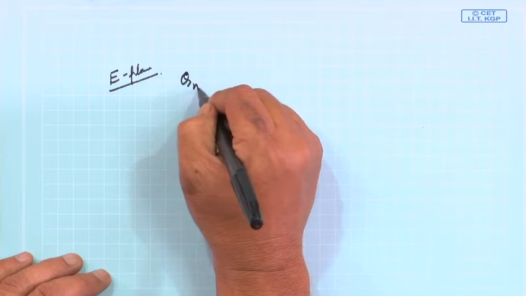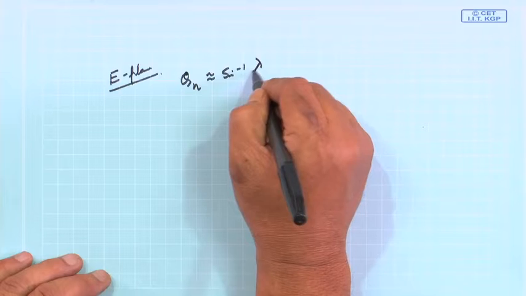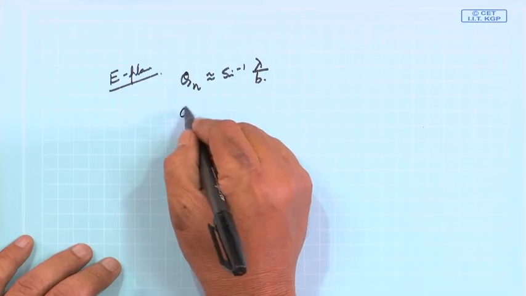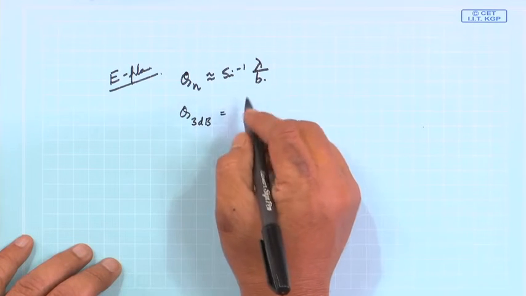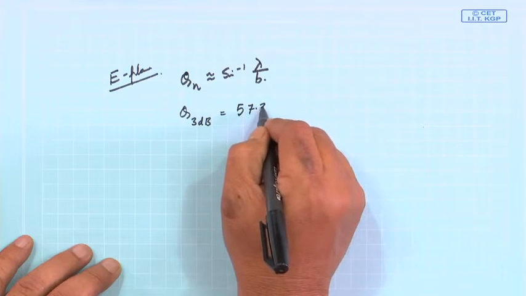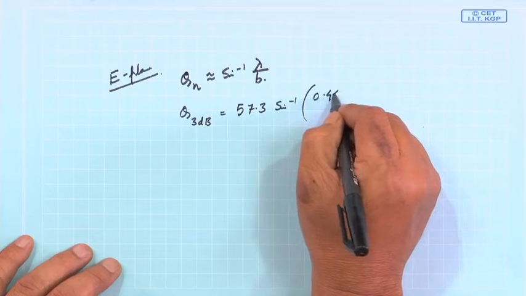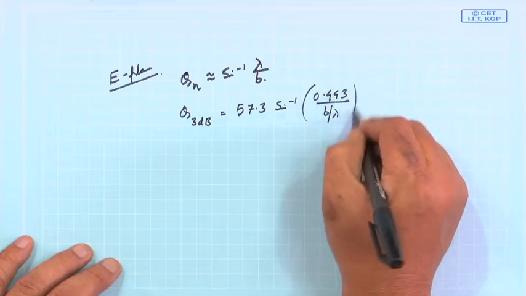So, the null will be at theta equal to sin inverse lambda by b, and you can find the 3 dB beamwidth, that will be 57.3 sin inverse of 0.443 by b by lambda, in degrees.